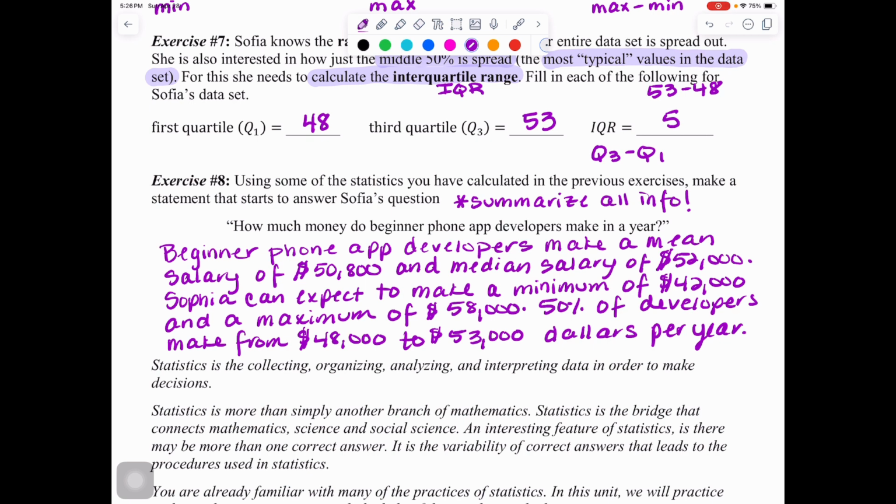So we have all this information now that will help Sophia get an idea of what's going on in this career path and possibly make some conclusions based on that.